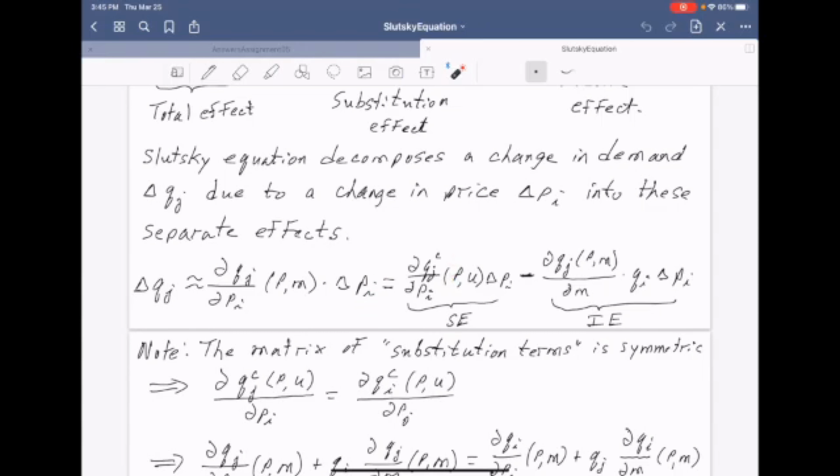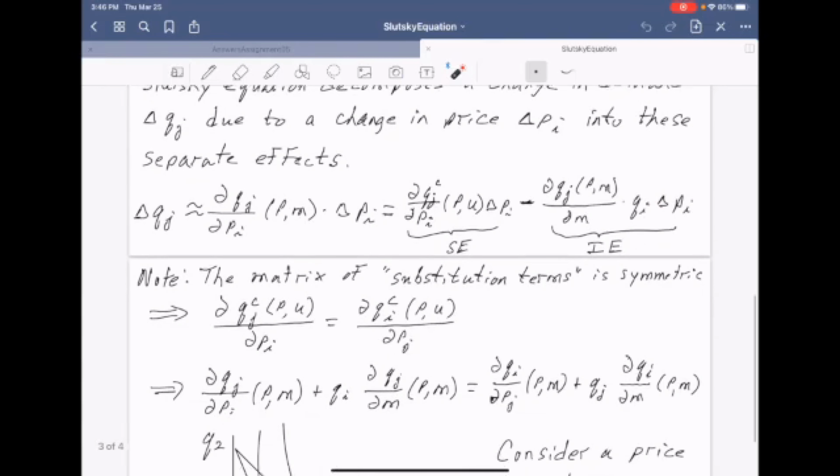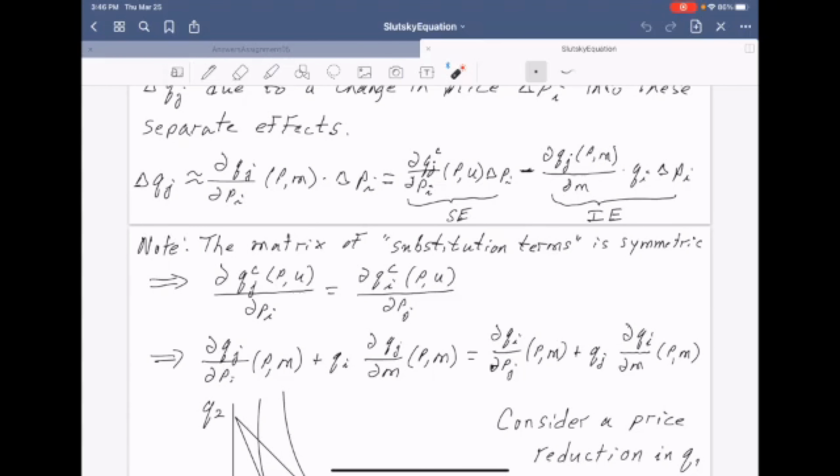So the substitution effect is the derivative of the compensated demand for J with respect to Pi multiplied by that change in Pi, minus the partial of the ordinary demand for J with respect to the budget M multiplied by Qi times delta Pi, where Qi is just your ordinary demand at that point. The matrix of substitution effects turns out to be symmetric, so that the partial of the compensated demand for J with respect to Pi is equal to the partial of the compensated demand for I with respect to Pj.